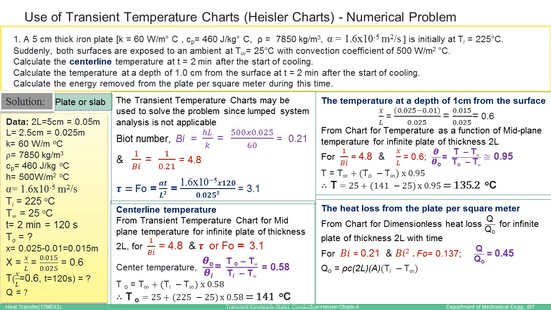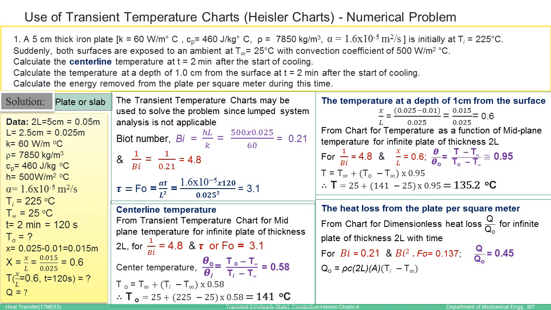We have Q naught for a slab as rho C 2L into A multiplied by Ti minus T infinity. In this problem, A is to be considered as a unit square meter.